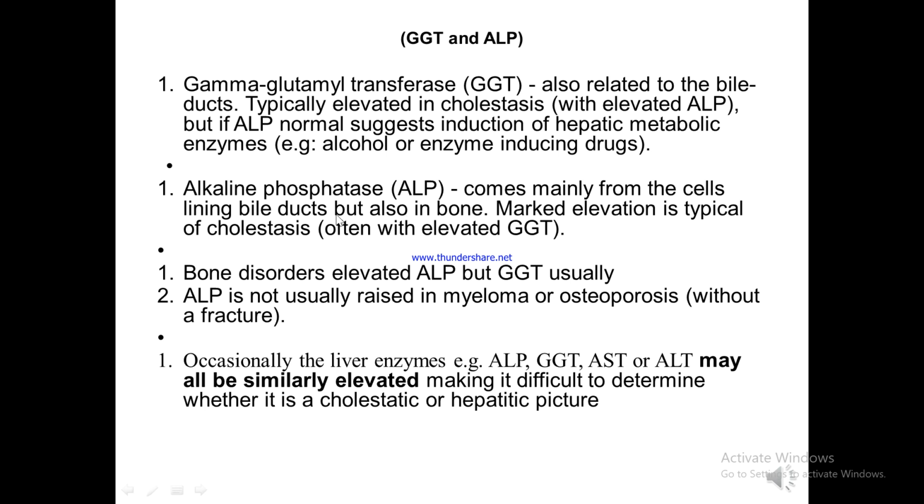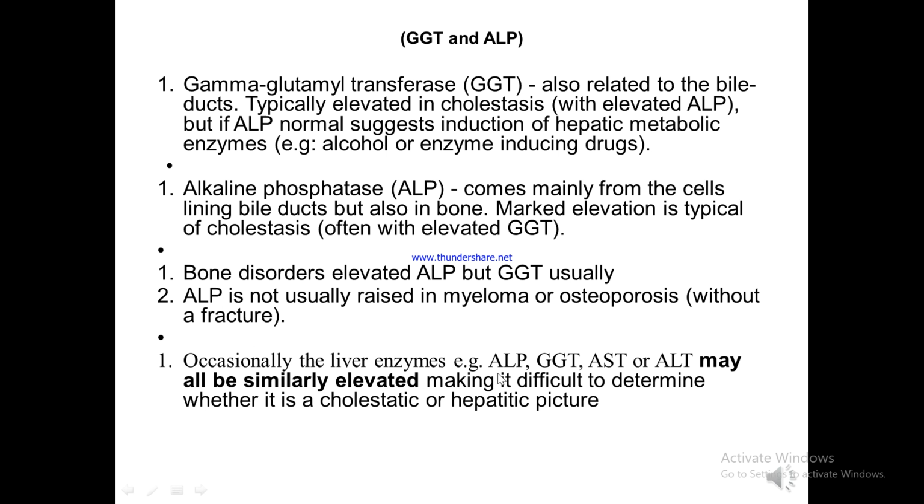Marked elevation is typical of cholestasis, often with elevated gamma-glutamyl transferase, but in bone disease, alkaline phosphatase is elevated with a normal level of gamma-glutamyl transferase. So alkaline phosphatase does not usually rise in myeloma or osteoporosis without a fracture. In severe cases, when there is a fracture, alkaline phosphatase will be elevated.